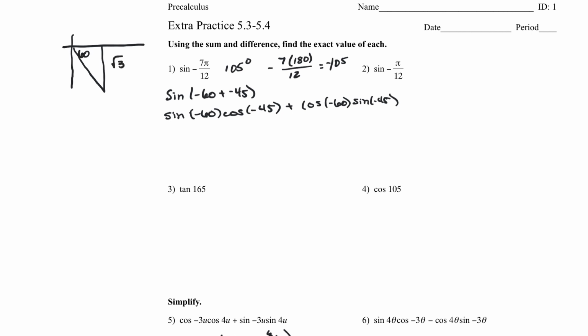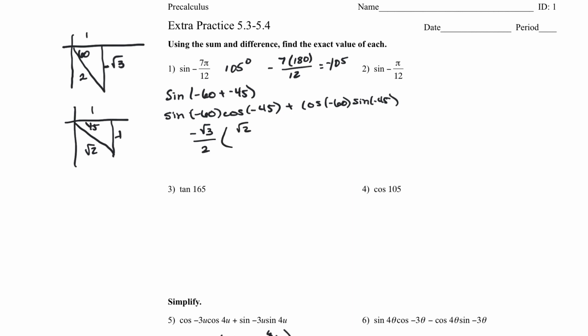That's me. This is a square root of 3, a 1, and a 2. That's negative. Okay? I set it up like this. Sine of 60, right? I'm going to go look at the 60-degree angle. I'm going to come up here and try to find the sine of this angle. It's going to be opposite over hypotenuse. So we're going to get negative square root of 3 over 2.